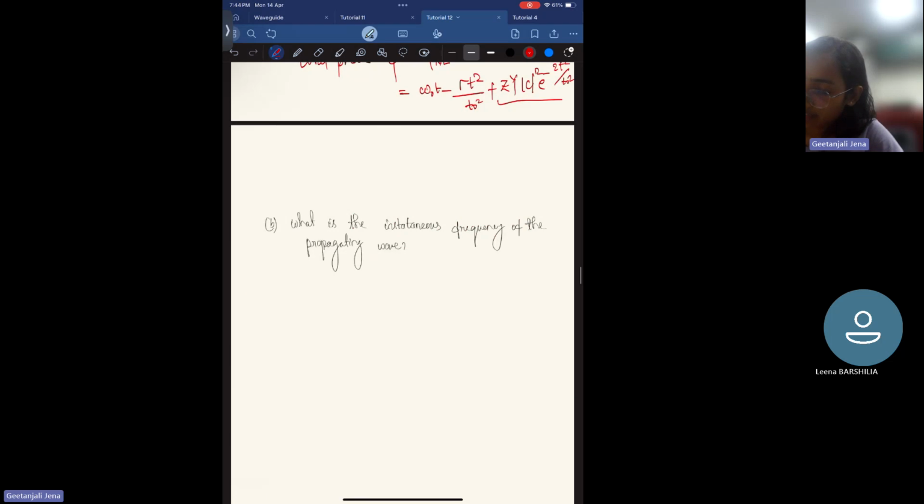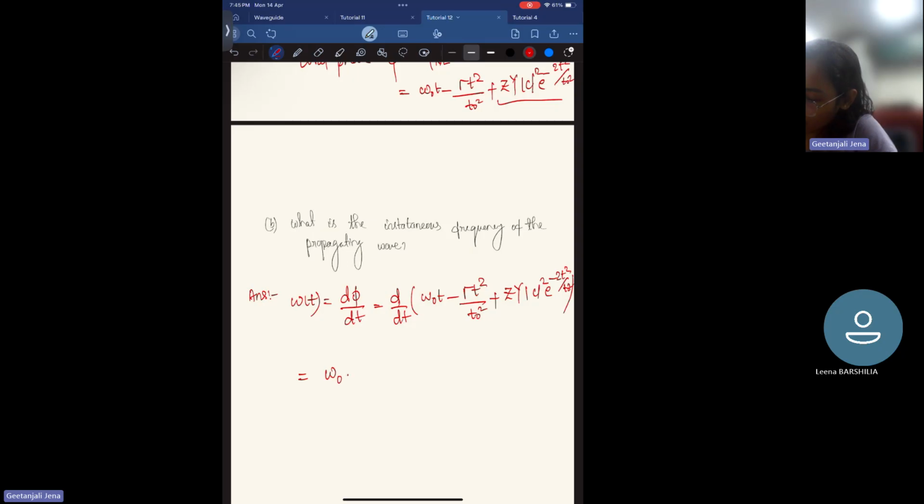In the next part, it is asking to find out the instantaneous frequency of the propagating wave. So we know the phase, so we can take the time derivative to find the instantaneous frequency. So this is d by dt of omega 0 t minus gamma t square by t0 square plus z gamma c square e to power minus 2t square by t0 square.